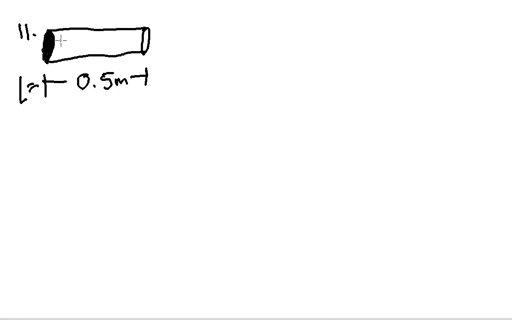Before I show you this one, let me show you what it would look like if the pipe was open. So this is open on both ends, same length, just not closed. If this pipe was open on both ends, it would be a longitudinal wave, but those are really hard to draw.